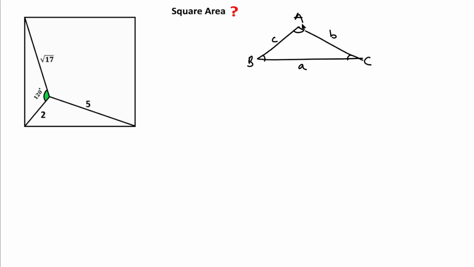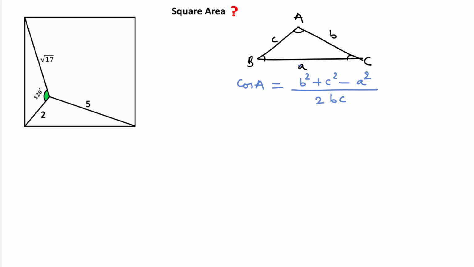Okay, then according to the cosine rule, we can write cos A equal to the sum of squares of these two sides, that is b square plus c square, minus this side's square, over 2bc.